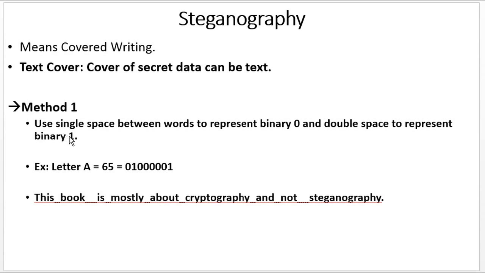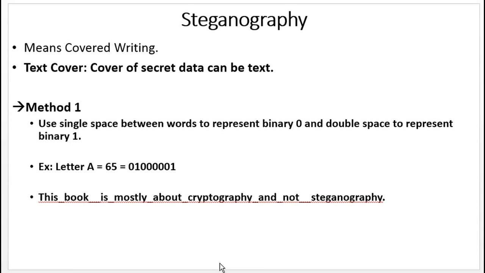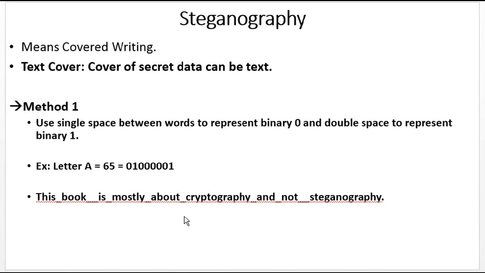The first method is using space between words, that is, using a single space between words to represent binary 0 and similarly a double space to represent binary 1. As an example, the letter A, whose ASCII value is 65 and whose binary value is 01000001, can be covered by the text: This book is mostly about cryptography and not steganography.